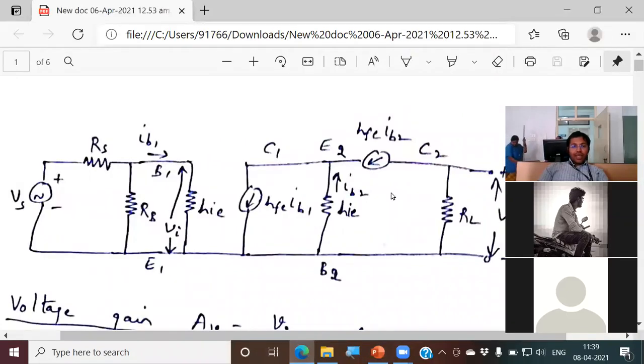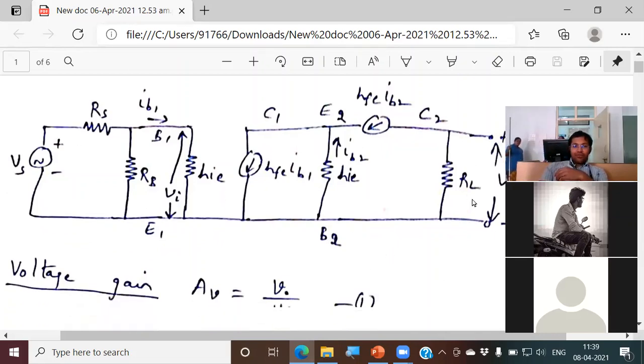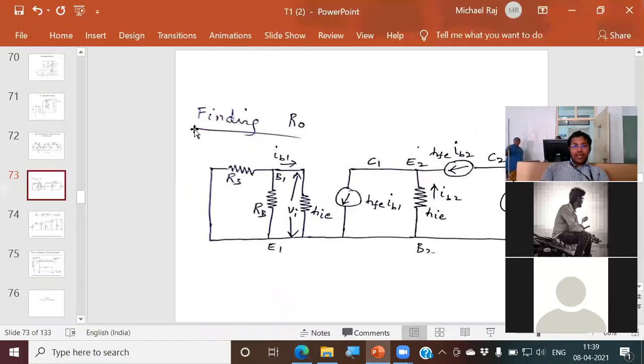So I am applying these rules. Rule number 1: don't measure resistance in a live circuit. Now I am measuring resistance at the output terminal, because I want to find output resistance. My aim is finding R0.